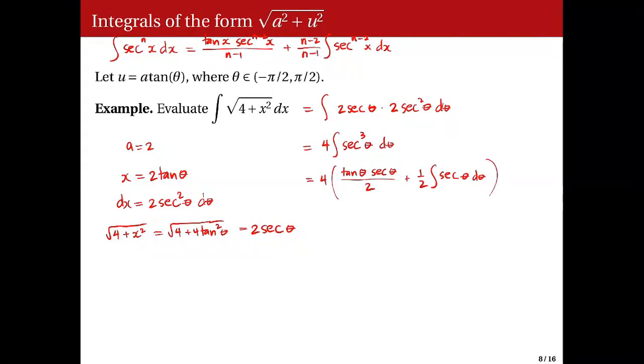And then we continue with the integration here. So this is equal to 4. Let us distribute this 4 so that we will only get 2 tangent theta secant theta plus 2, and we integrate secant theta. This is just ln absolute value of secant theta plus tangent theta. And then we have plus c.